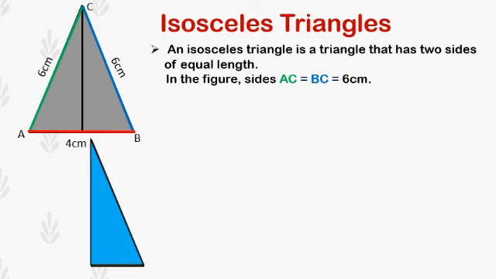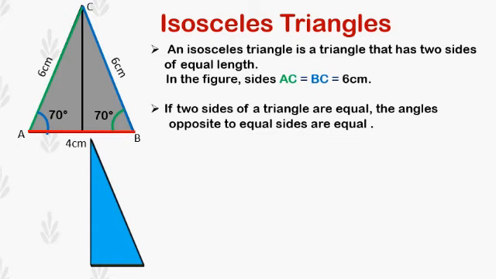So that the equal sides coincide, the angles also coincide, right? So we can say if two sides of a triangle are equal, the angles opposite to equal sides are equal. That is, the angles opposite to the equal sides are congruent to each other.